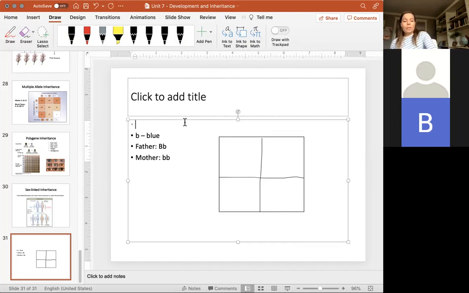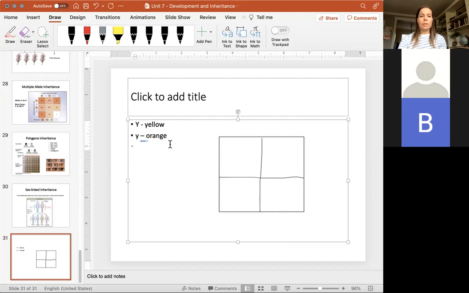And yellow is dominant over orange. So we're going to pick Y to be our letter because that's the dominant allele. So Y is for yellow. That's a capital Y and a lowercase y. Oops, orange. Okay.